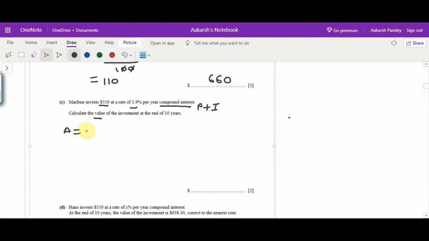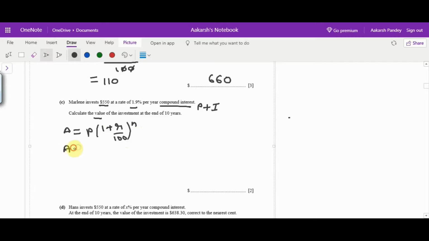Amount is equal to P into 1 plus R by 100, the whole raised to N. Once again, P is the principal amount which I invest, R is the rate of interest which I receive, and N signifies the number of years for which I am investing the amount.